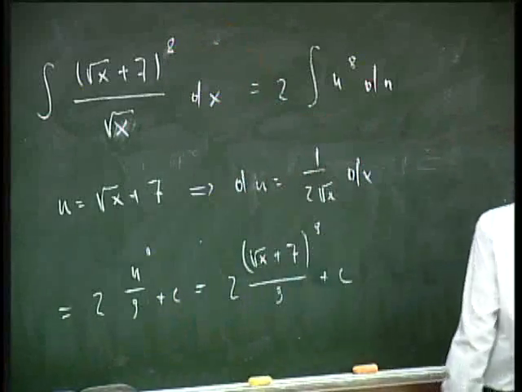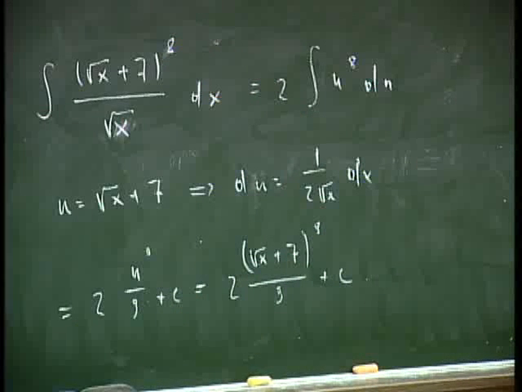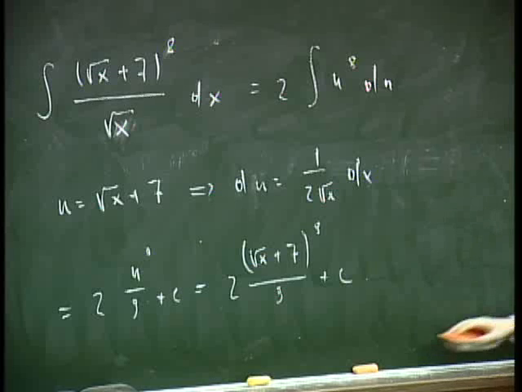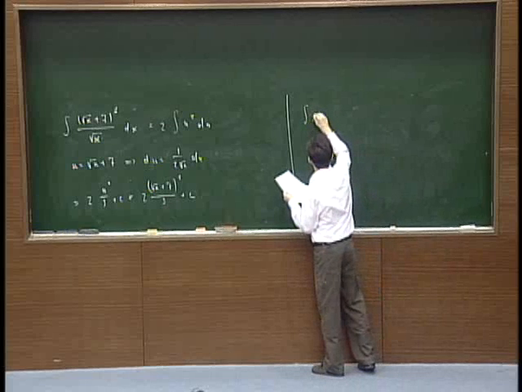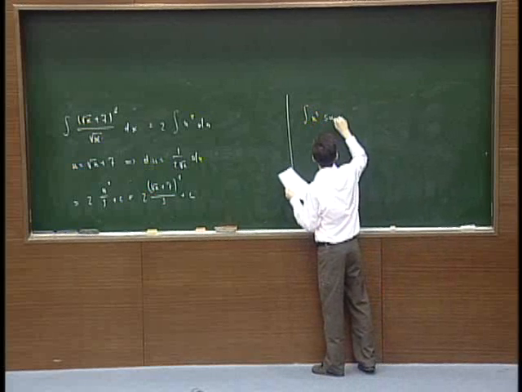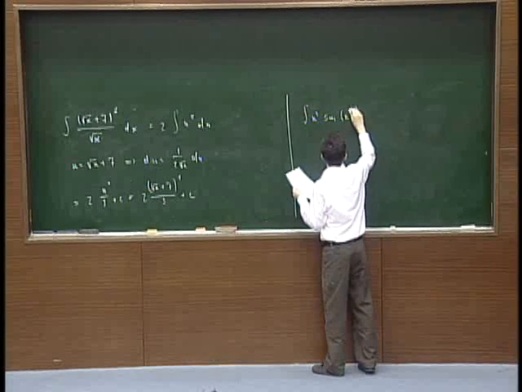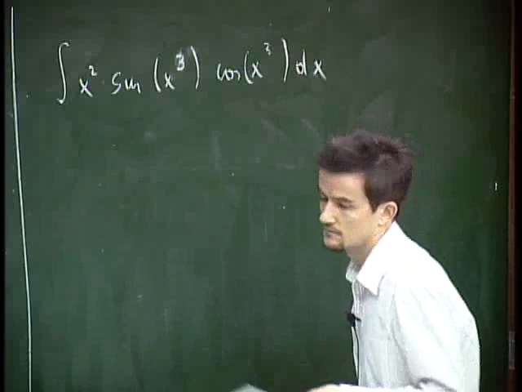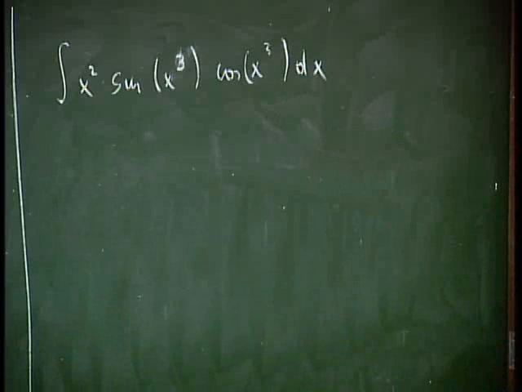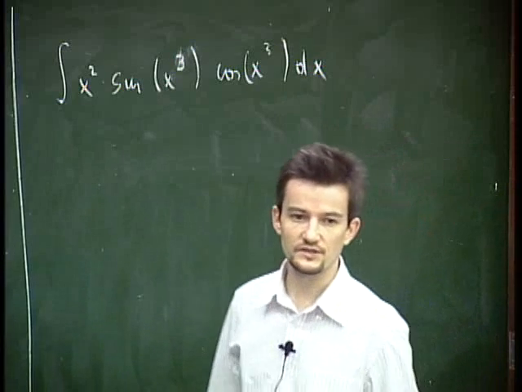This is another example. Sometimes, actually, you have many choices for doing the substitution, and many different choices might all work. Okay, so for instance, for this one, you have many possibilities for doing substitution.